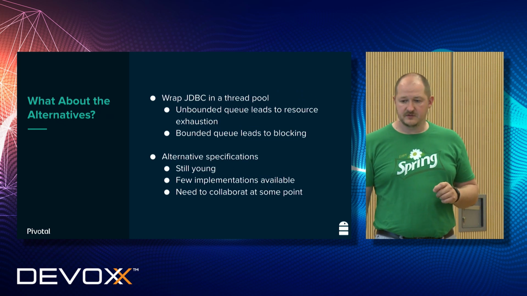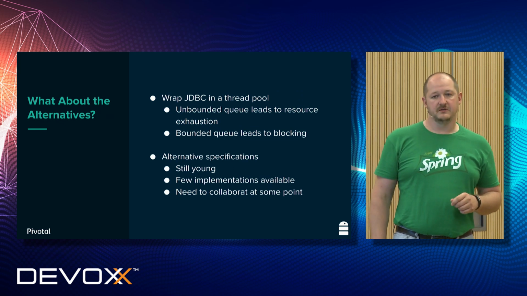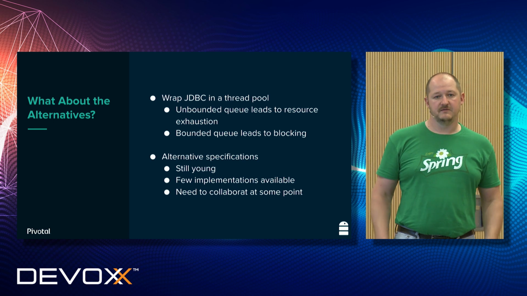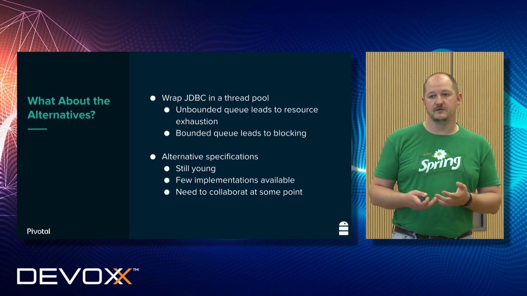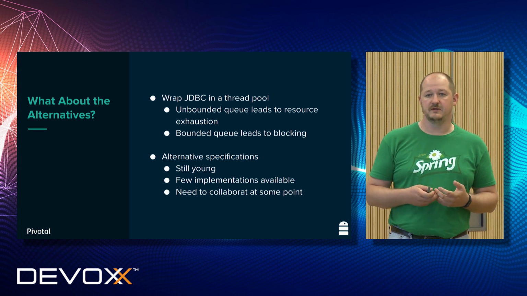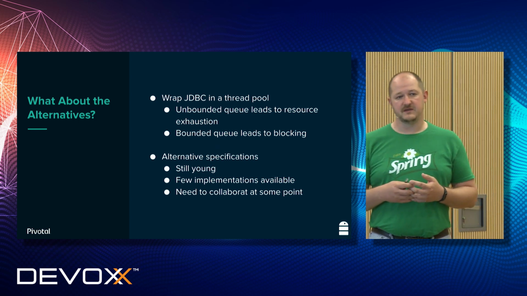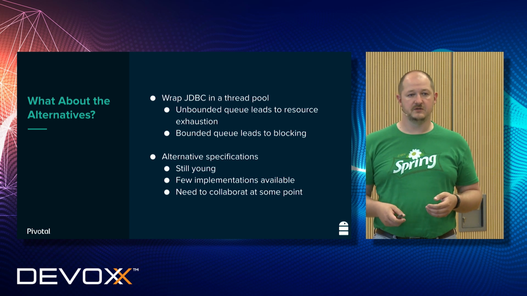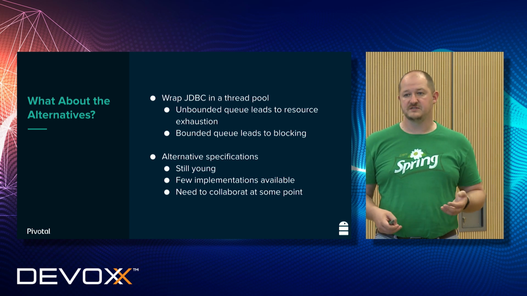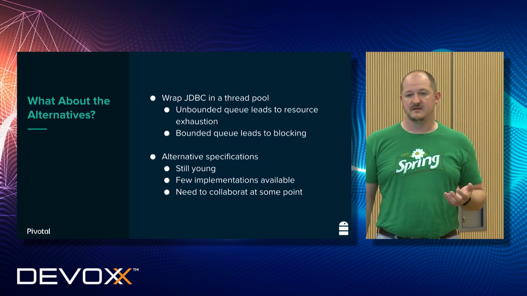There are a couple of alternatives, like putting JDBC on a thread pool, because if you put something on a thread pool, then it looks as if it would be non-blocking. Yeah, that works in sort of a test environment. But if we think about production environments where we talk about thousands, 10,000s, 100,000s of concurrent requests, this starts making no sense anymore.